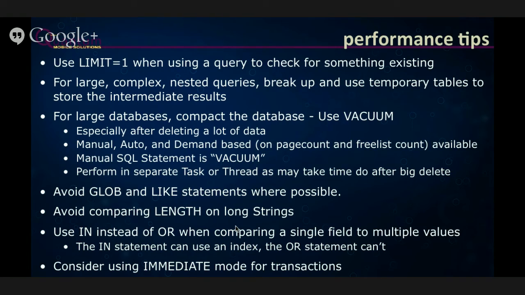Another thing is to avoid GLOB and LIKE statements. A GLOB statement is basically a LIKE statement that is case sensitive, with a couple of differences, and it does pattern matching on text. So it's like, give me back all values where this field is like ABC star.